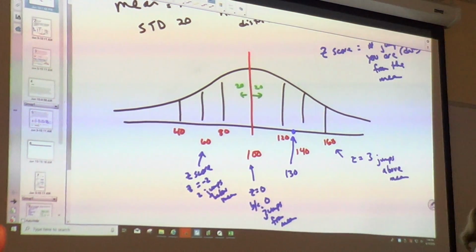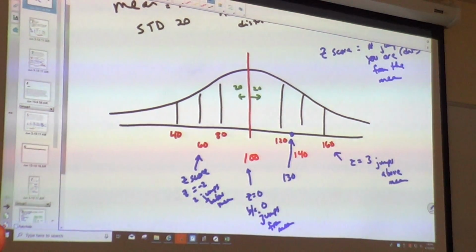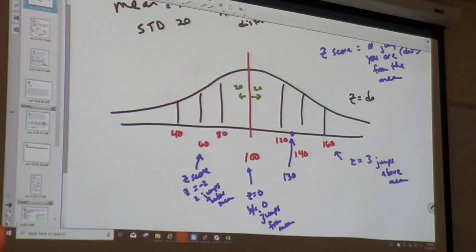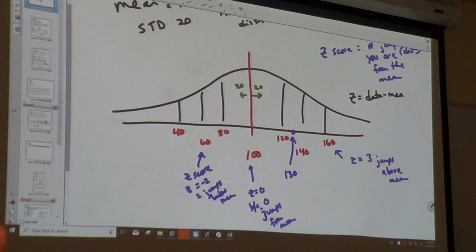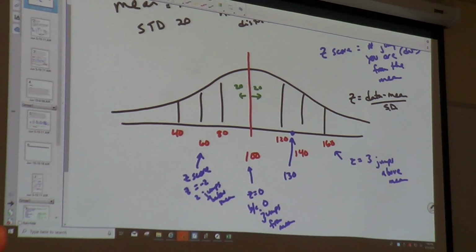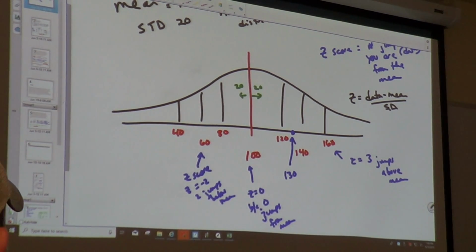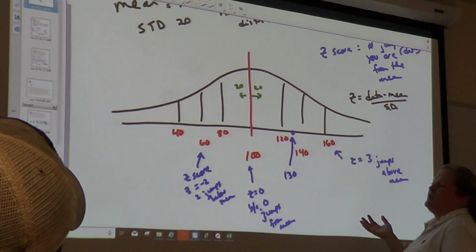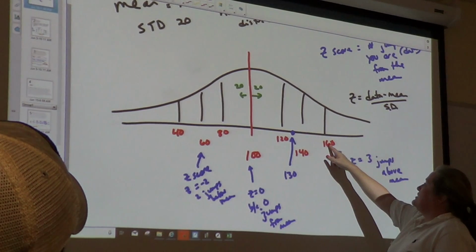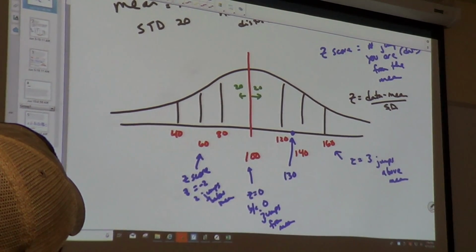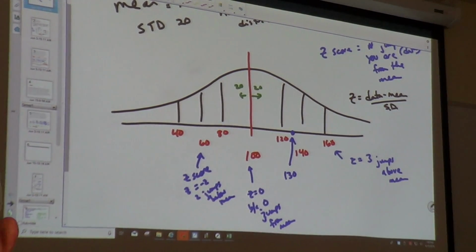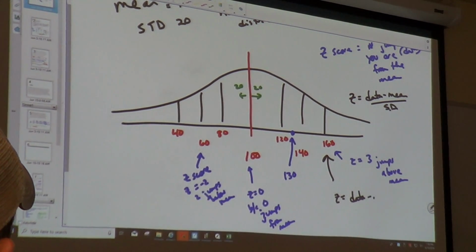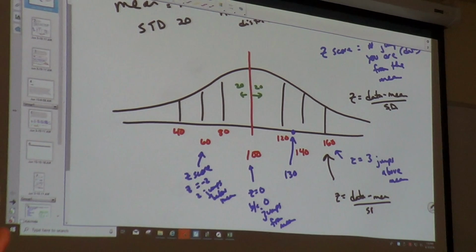Well, there is a formula for the z-score. The formula for the z-score is data minus mean over standard deviation. Now, we don't have to do it if it's pretty. I mean, we could, but we don't have to. I can do this one just to show you. If I wanted to know the z-score of that one using the formula, it would be data minus mean over standard deviation.